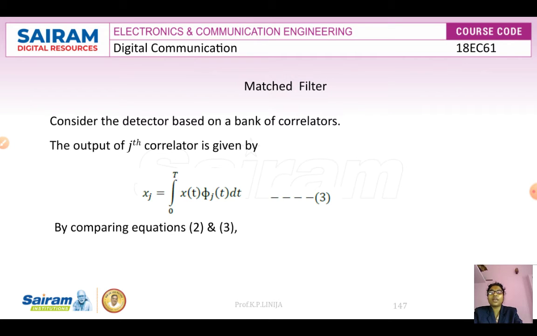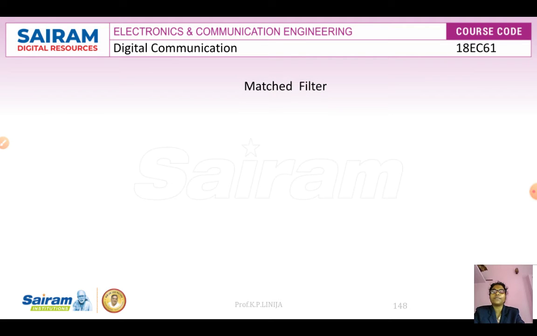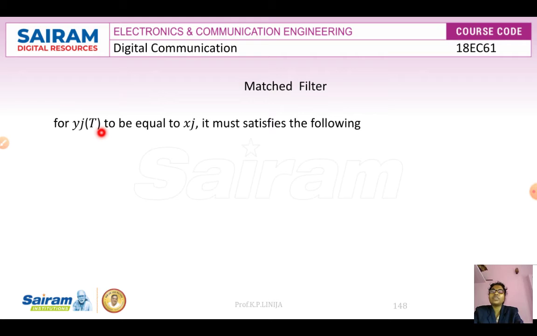Now we are going to compare equation 2 as well as equation 3. So yj of T to be equal to xj. In order to make yj of T equal to xj, it should satisfy the following condition. That means hj of T minus t should be equal to phi j of t.